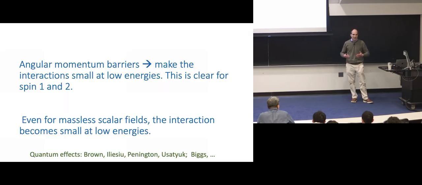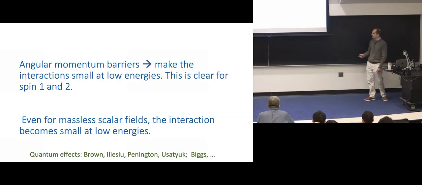So at very low energies, this interaction becomes very weak, and we can approximate the black hole as being isolated from the exterior, to first approximation, and then treat the coupling as a perturbation. Okay? And the quantum effects in that language were studied a lot in these papers and several others.